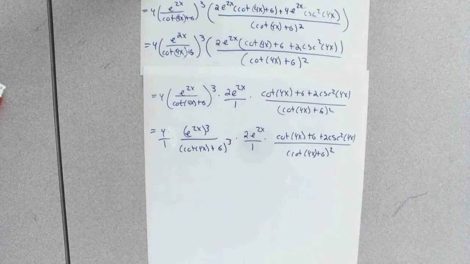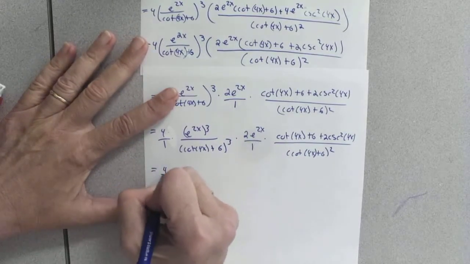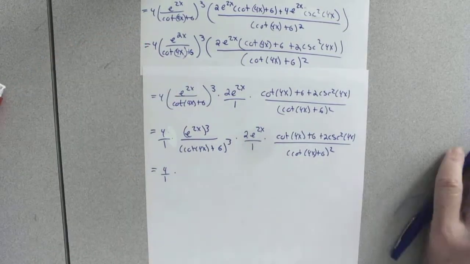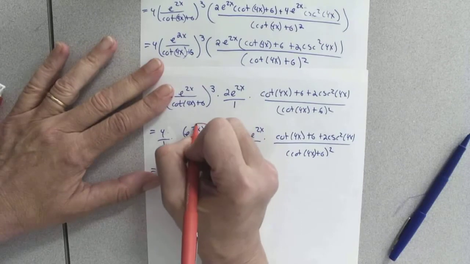I'm going to zoom out just a little bit so you see that once. Okay, take it another step. Exponents to exponents, we multiply.